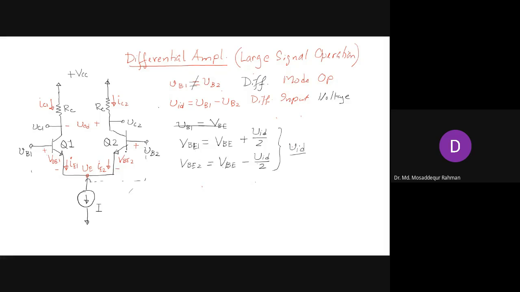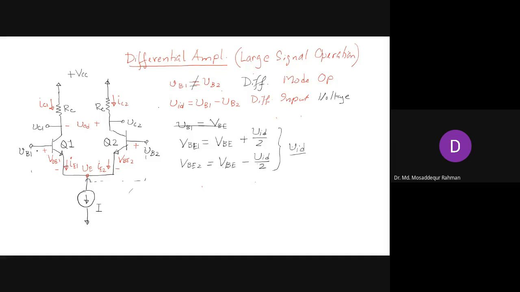If you have different resistors, then the voltages will have a different distribution. But here we have assumed the two transistors to be identical, so they will have the same base emitter resistance, and the VID, the differential voltage, is also divided equally between these two transistors. So this is how we get the base emitter voltage distribution.